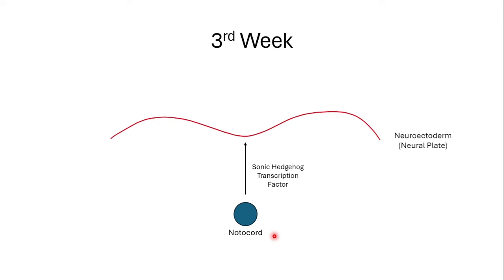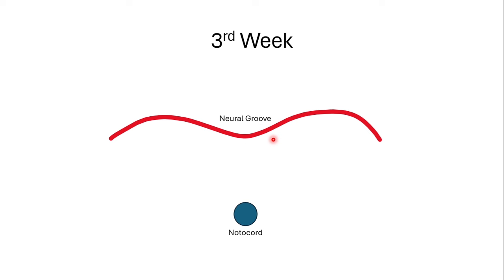So, as we talked about, the notochord provides the sonic hedgehog transcription factor, and then this transcription factor acts on the neuroectoderm, and it causes the neuroectoderm to form this slight invagination that we see here, and a little bit of thickening like we see here. And so we end up with a neural groove here and two neural folds here.